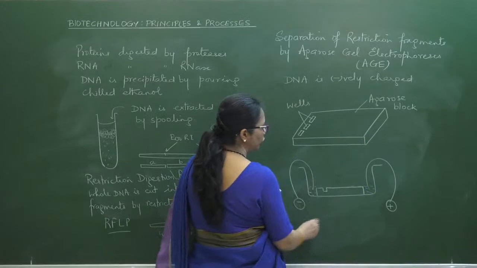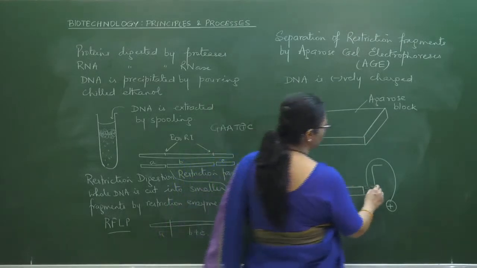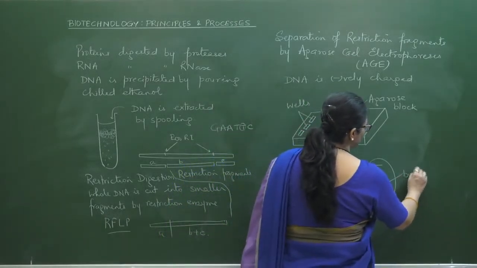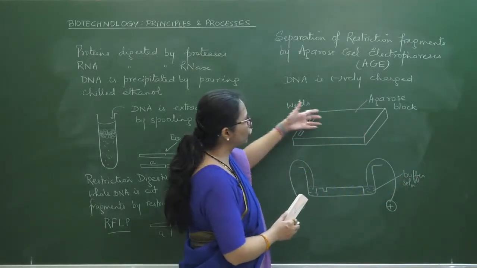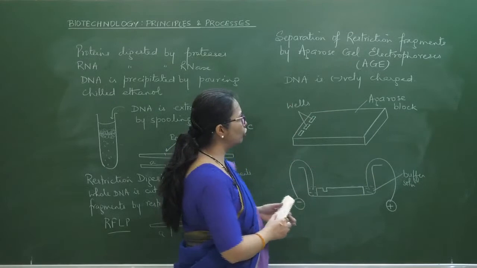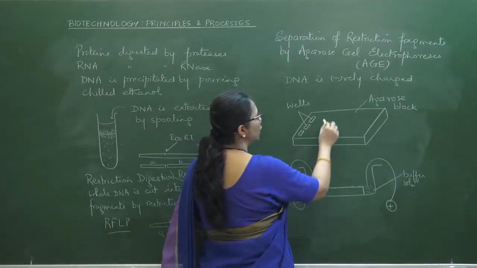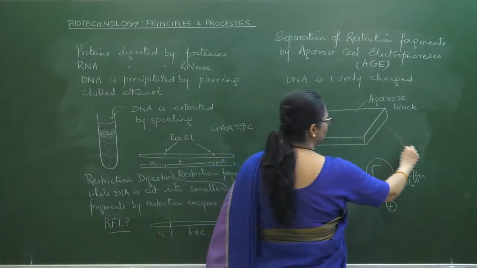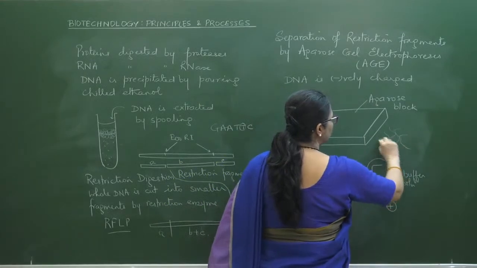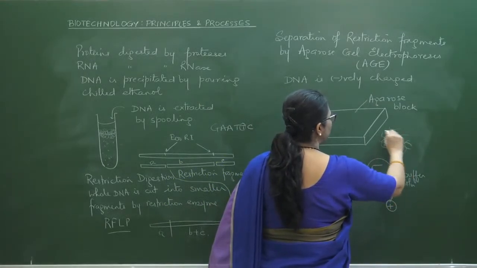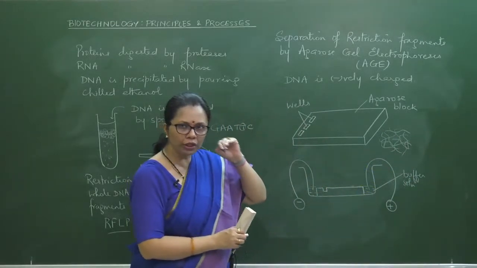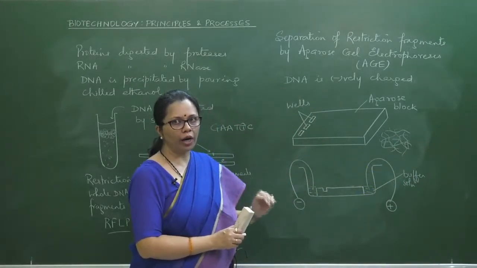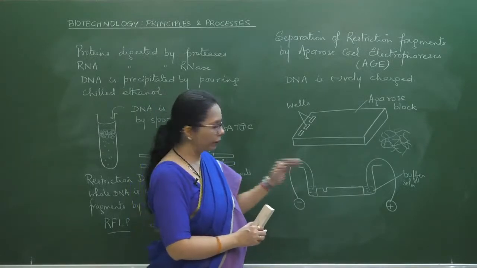Now the DNA has been loaded, then the current will be switched on. This is the buffer solution, and DNA will move through this agarose. If we see this agarose microscopically, we will find it is a fibrous mucopolysaccharide, and all these fibers are entwined so that there are some spaces in between, and through these spaces the DNA fragments are moving.